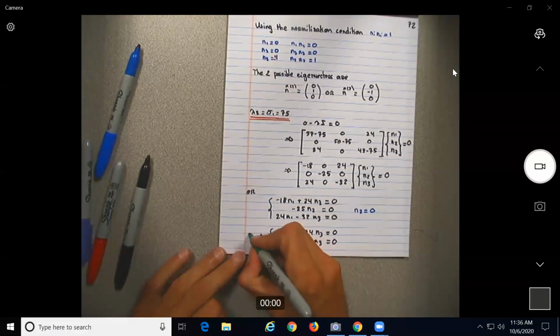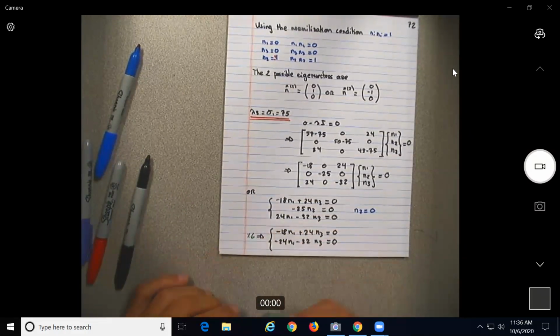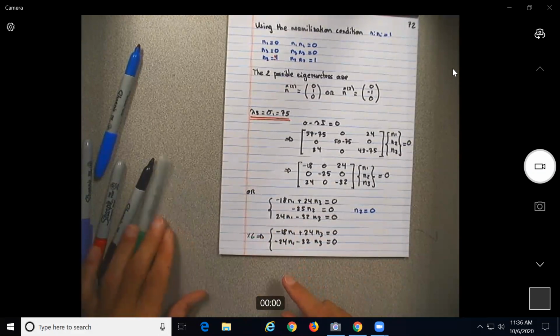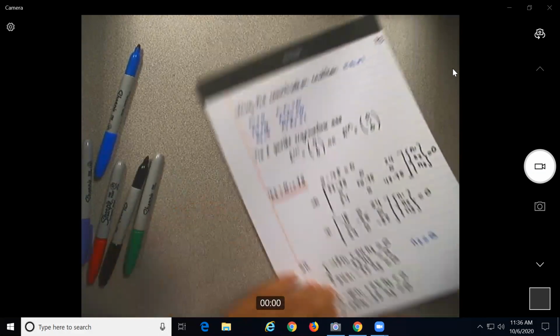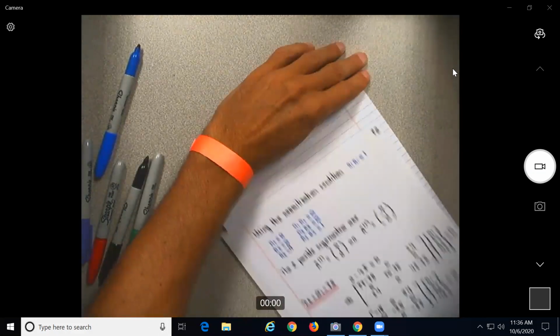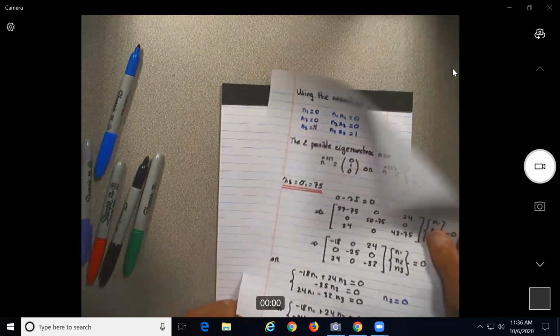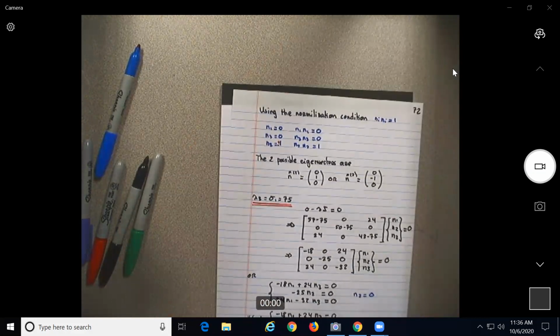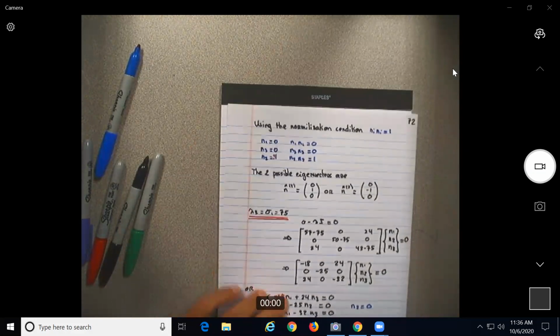If we divide by 6, they're all divisible by 6. What do we get over here?